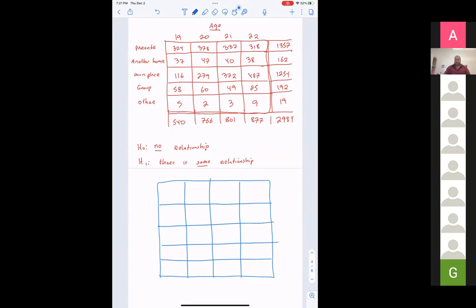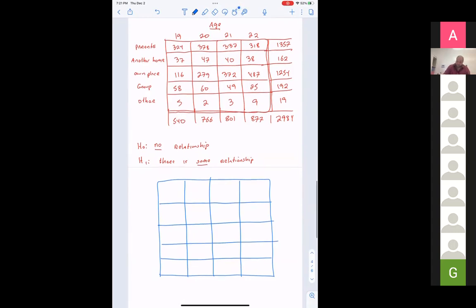Correct. And now divide by the overall total, 2984. What do we get when we do that? 245.57. Okay. So if the null hypothesis is correct, that cell should really be 245.57. What should the next cell be?